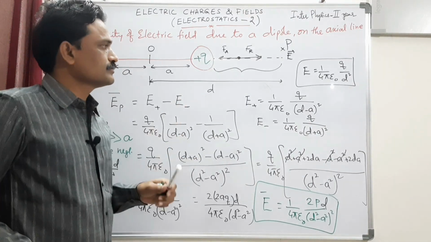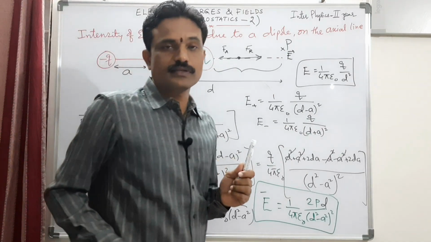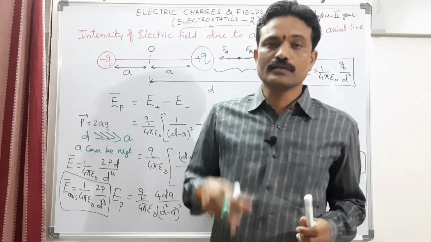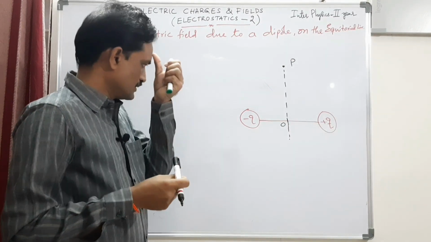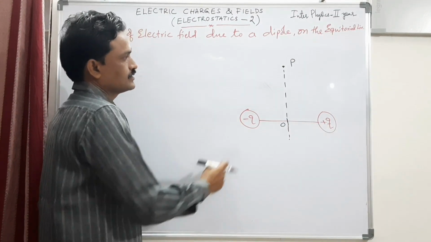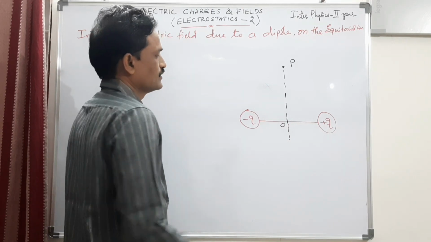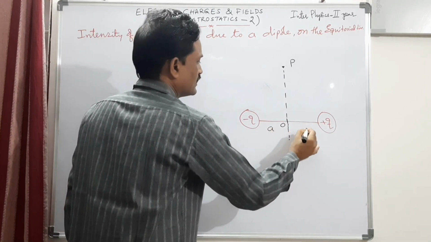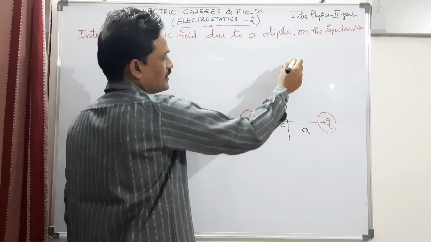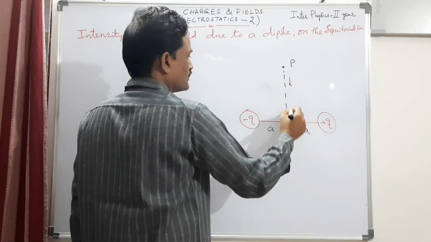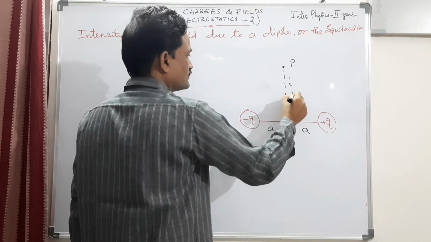Now we will derive the expression for the intensity of electric field on the equatorial line. So this is the equatorial line passing through the center O, and these are the distances A and A. Let us say P is at a distance of d from the center of the dipole.